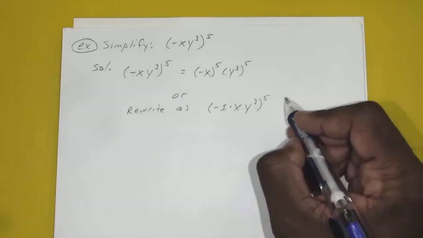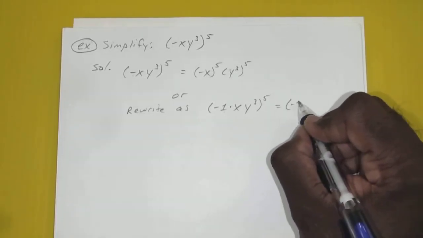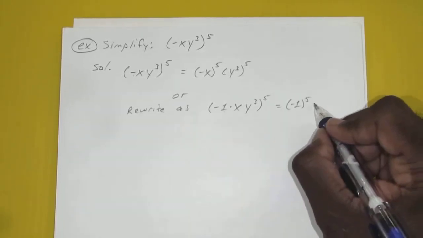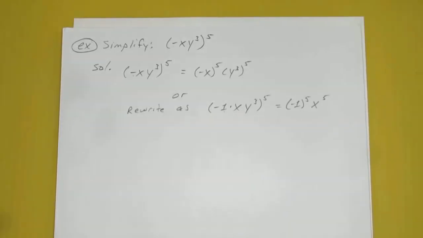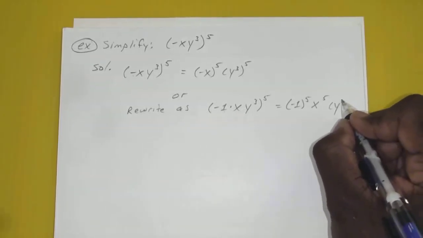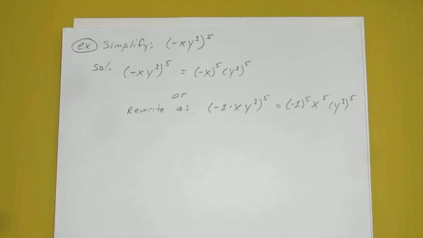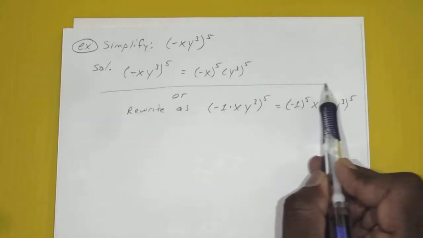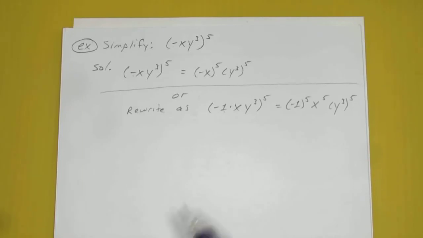But if you wanted to here, you can just make it -1 to the 5th power times x to the 5th power times y to the 3rd to the 5th power. Kind of draw a little separator line here. So these are just two different methods to do the same thing.